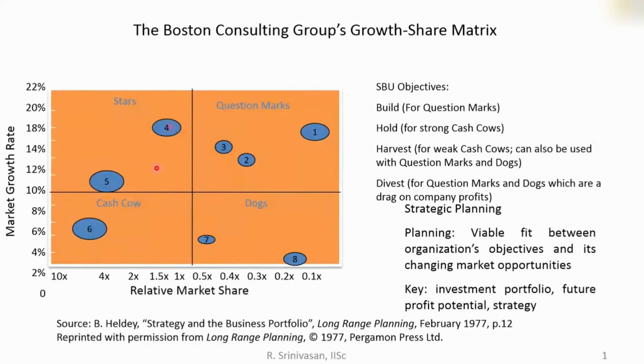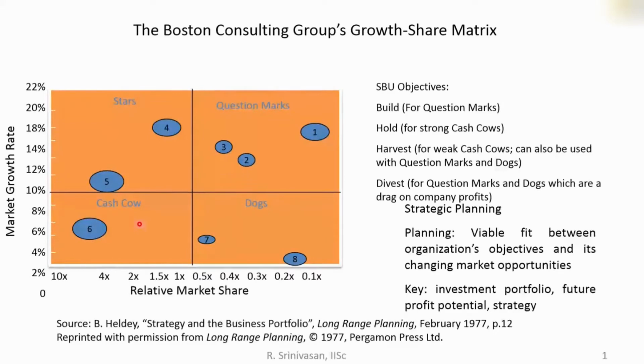When the SBU moves to stars, you would like it to stay there as long as possible, that is, to prolong its life in the stars. Any SBU which moves from the question marks to the stars will, after some time, move towards the cash cow.